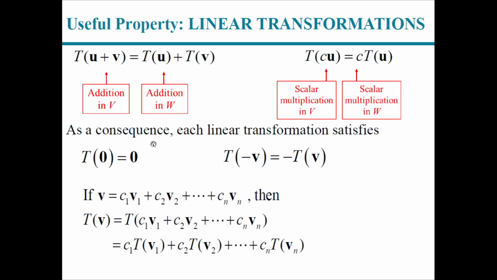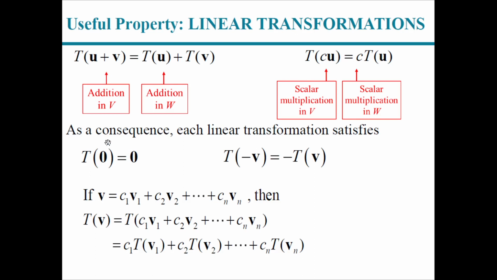As a consequence of this, any linear transformation will map 0 from V onto 0 from W. So the image of 0 will be 0 under each linear transformation. Obviously, it's not just a property of linear transformations. You can have, let's say, sine of x, sine of 0 is 0, but we know that sine is not linear.